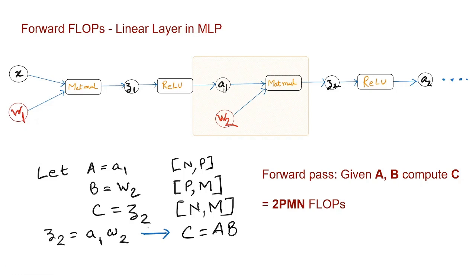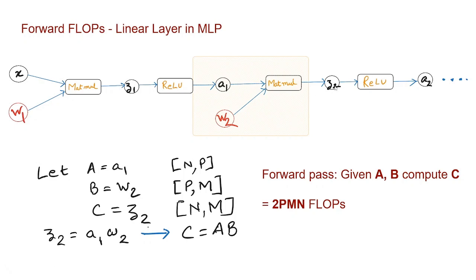So for ease of notation, let me denote A1 here by capital A, W2 by capital B, and Z2 by capital C. And let's assume that A is of shape n by p, B is of shape p by m, and C is of shape n by m, just like in the previous slide.